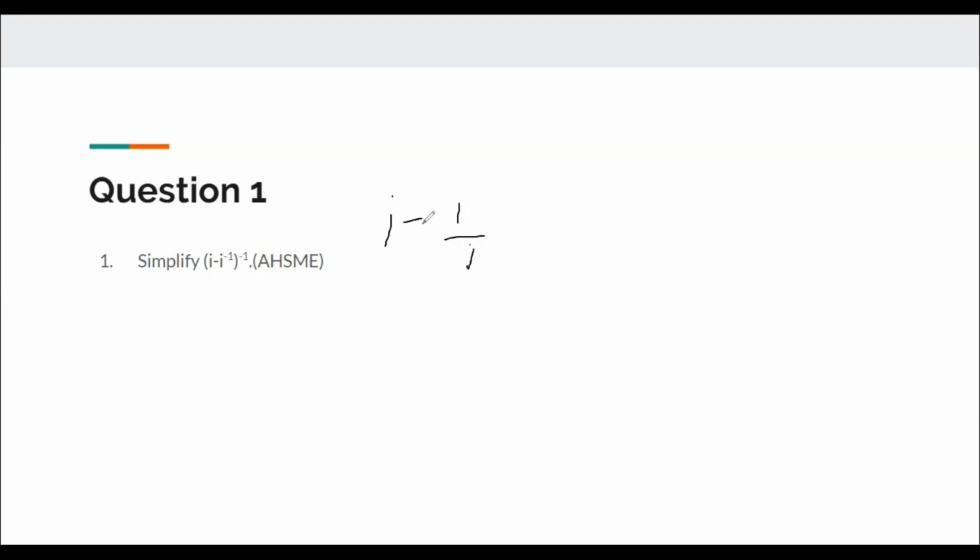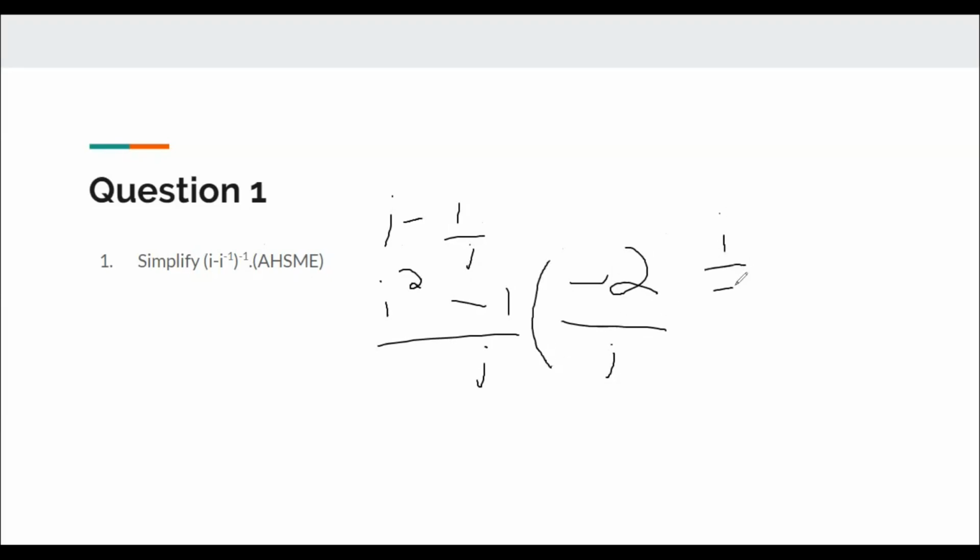And then you can do the difference of fractions, which will become i squared minus 1 over i. i squared is negative 1, so this is just going to become negative 2 over i. And this to the power negative 1 is just going to become 1 over this, so it's just going to be i over negative 2. So that's our answer.